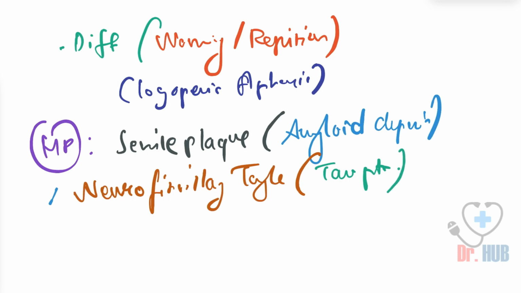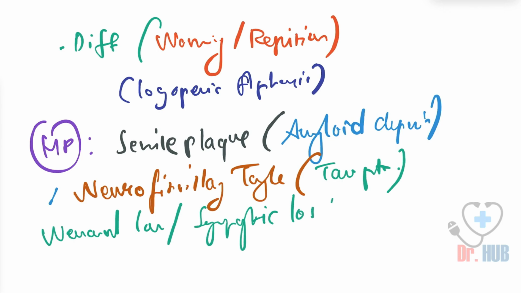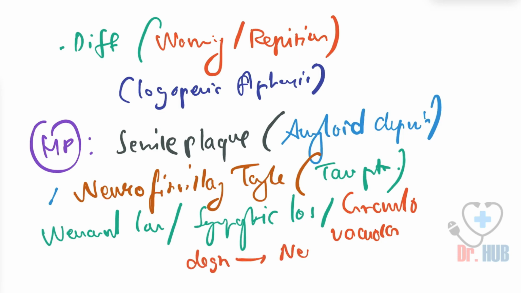There is also neuronal loss, synaptic loss, and granulovacuolar degeneration of the neurons.